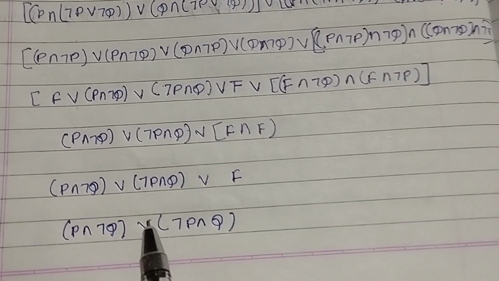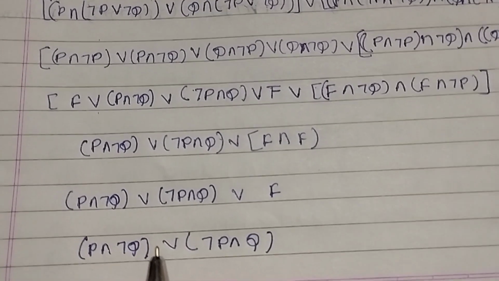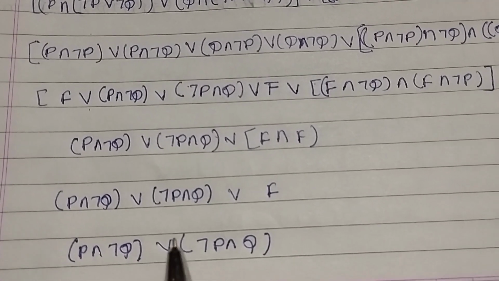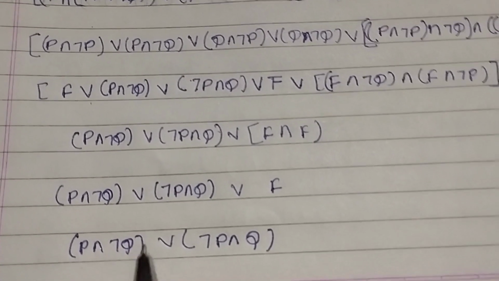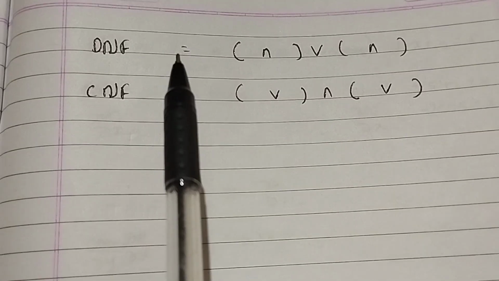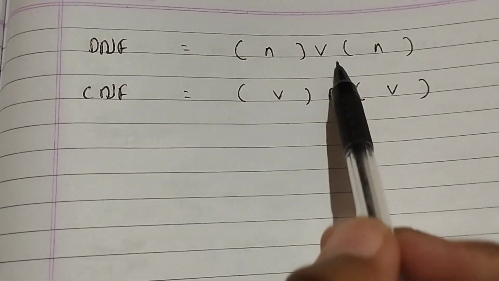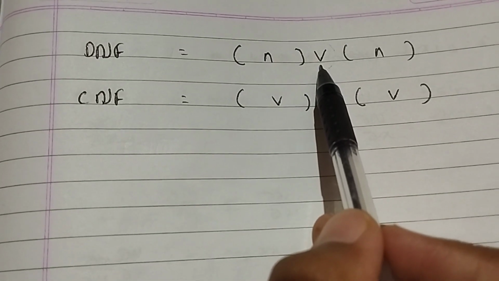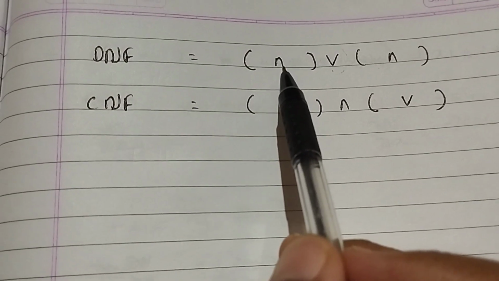DNF means disjunction normal form. DNF means sum of the elementary product. So sum means OR and product means AND. So always remember DNF means disjunction. So disjunction comes in the middle of the equation and the small brackets are connected with the AND.